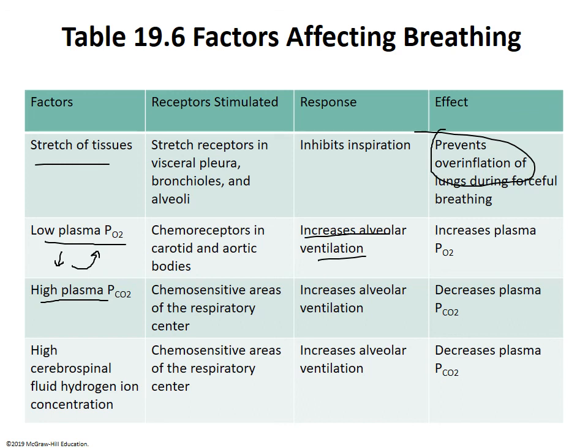Since I've got a high CO2 content, which is leading to acidosis, I am going to breathe heavier and deeper, remove the CO2, and bring that value back down. And then finally, cerebrospinal fluid and the hydrogen ion concentration, or CO2 concentration, in this area is also going to increase breathing.